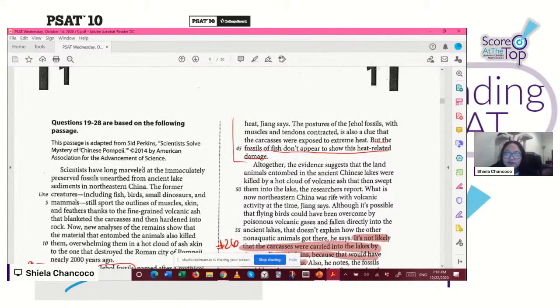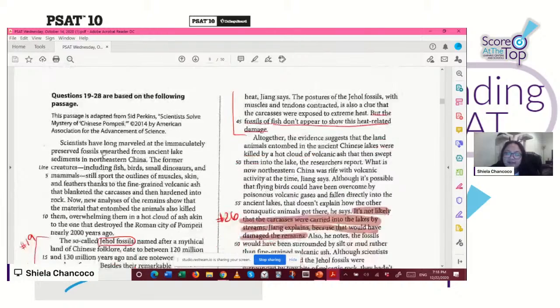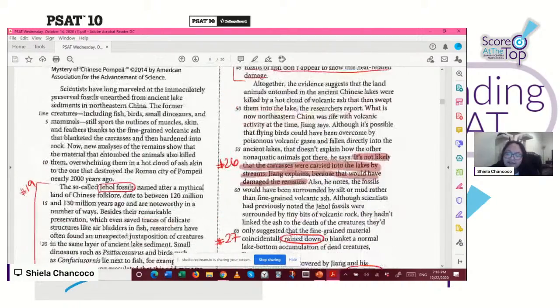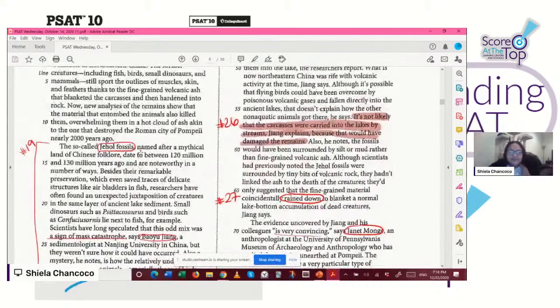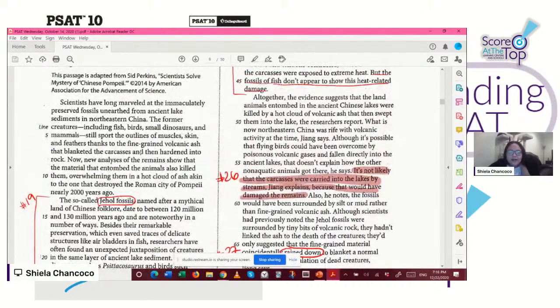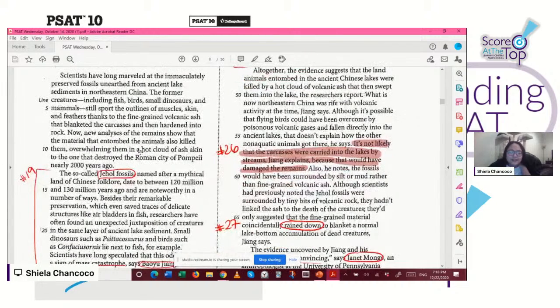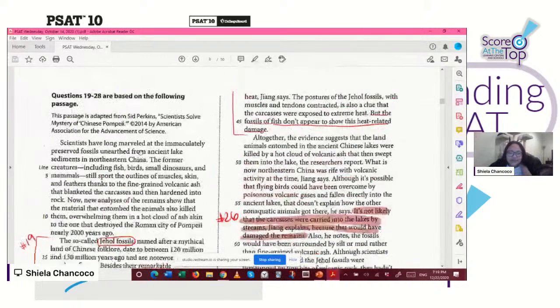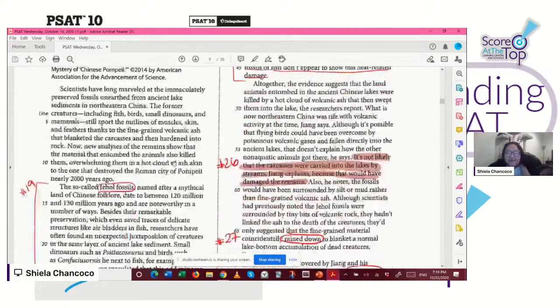So the next part here is the Chinese Pompeii. I wanted to do that one because I think a lot of people would also have a hard time with this one, right? So this one was talking about the mystery about some unexplained fossils in lakes that they think is because of some sort of volcanic eruption or heat-related incident back in the day, right?